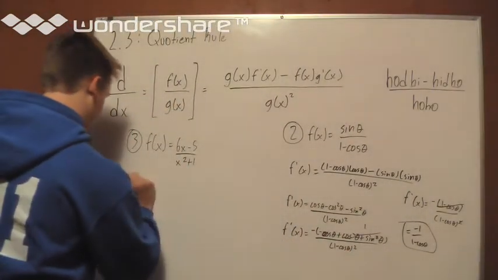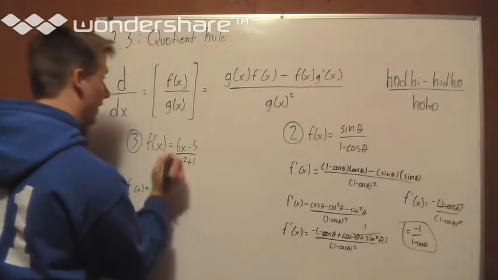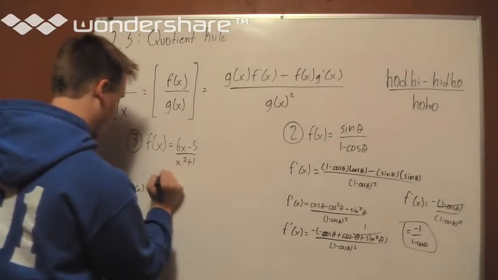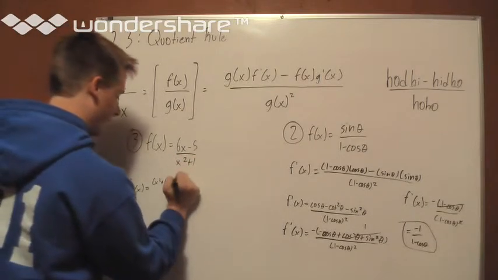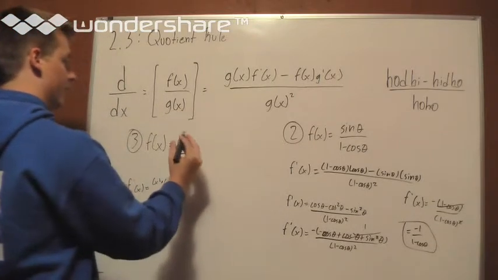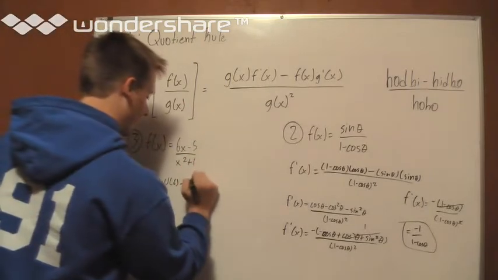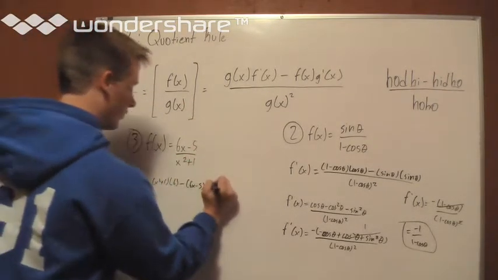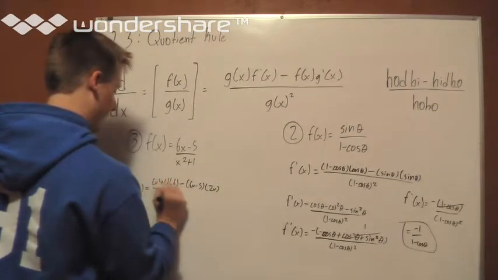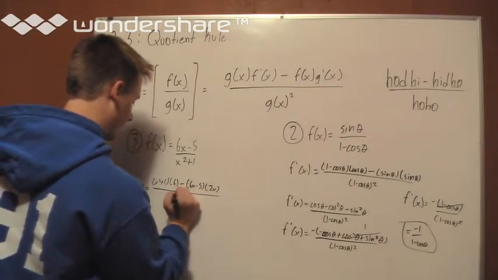Taking the derivative of this, we leave the bottom like always. We have x squared plus 1. And we take the derivative of the top, which is just 6. And then we subtract, leave the top, 6x minus 5, and then we take the derivative of the bottom, which is just 2x. And then we make it all over the bottom squared.